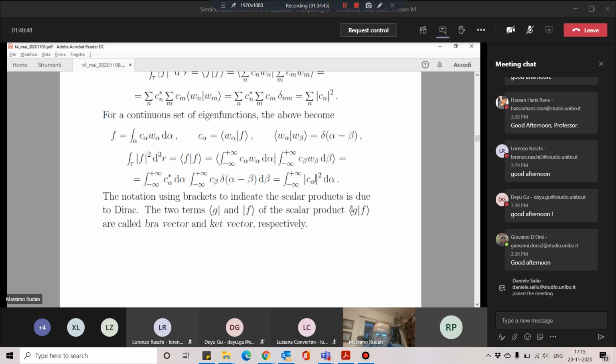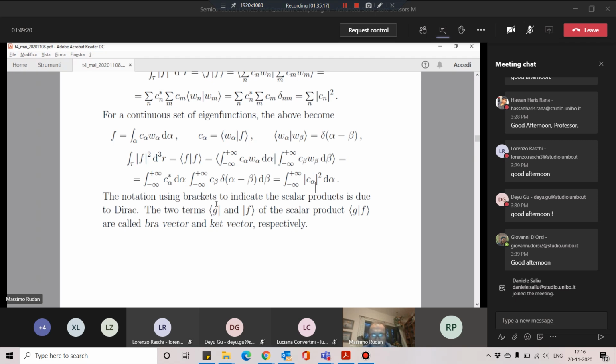We can introduce a similar nomenclature and a similar notation for functions. We may think that the part of a scalar product that is on the right is a vector that is called ket. So the vertical bar f and the parenthesis with the tip on the right is called ket vector.